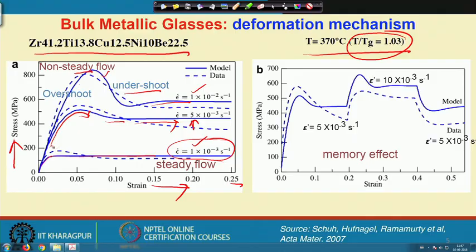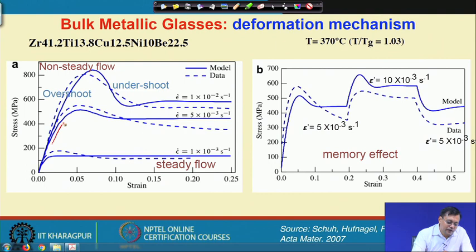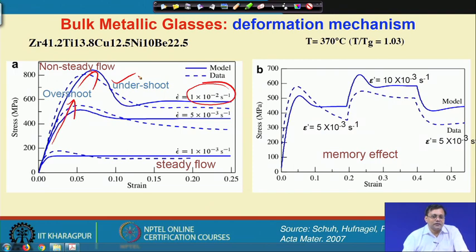So, initially when deformation proceeds, the free volume increases, and the increasing rate is higher with an increase of the strain rate level. Once it reaches a peak value, the undershoot occurs due to the opposite process, and after some percentage of strain, both processes come into balance, and due to that balance we get a constant flow stress.